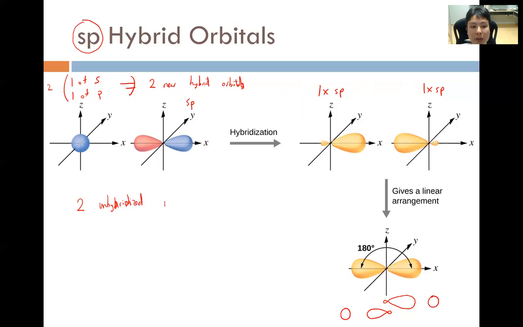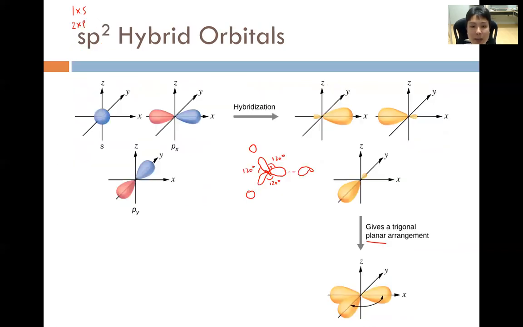Unhybridized p orbitals means that they are not used for the remolding process, because we only use one s and one p for the remolding, so 2 of them are untouched. What is the orientation of the remaining 2 p orbitals? One of them is in this direction, and the other one is in this direction. These 2 will be used for sideways overlap, which will form the remaining 2 pi bonds of the triple bond in the molecule. Later we'll talk about this in the ethyne molecule.